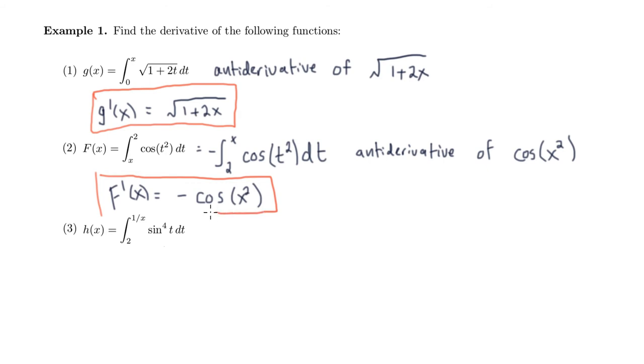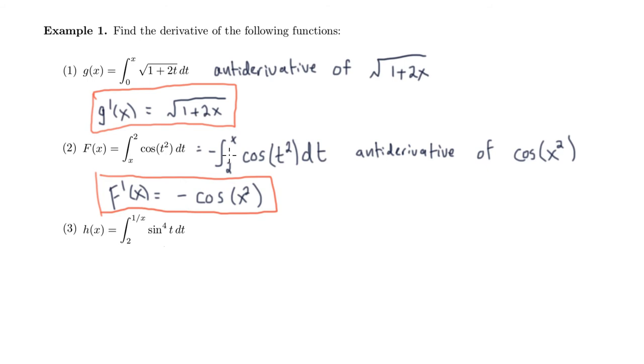But notice that it's important to get this variable into the upper limit of integration, because then it fits in with what we know is an antiderivative of this function. Okay, so for the last one, it's a little bit tricky.